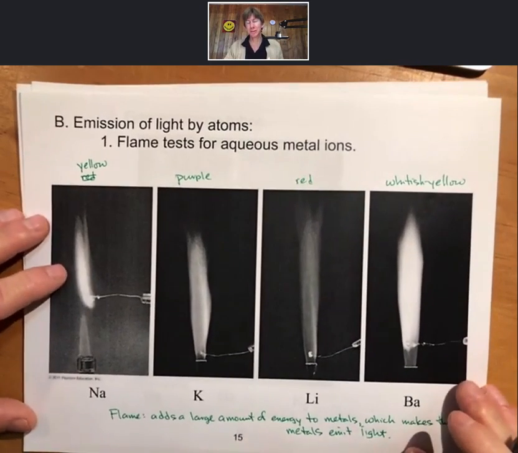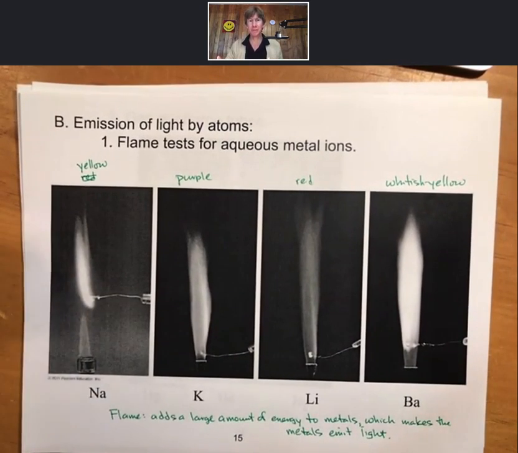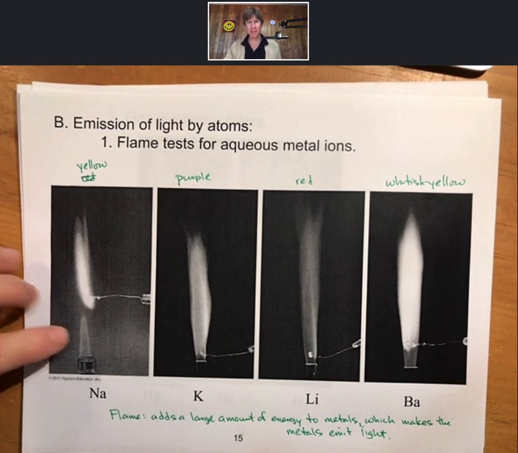And true, that is a simplification of the process. If you have questions, we can talk about the process in more detail in office hours or any of the times that you'll be seeing me online. But that's a simple process. Give atoms energy. One way to do it is a flame. Those atoms then emit light. And this is for metals.